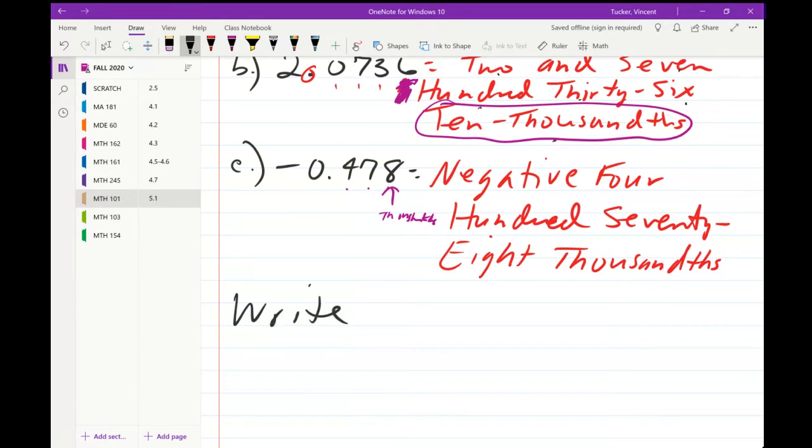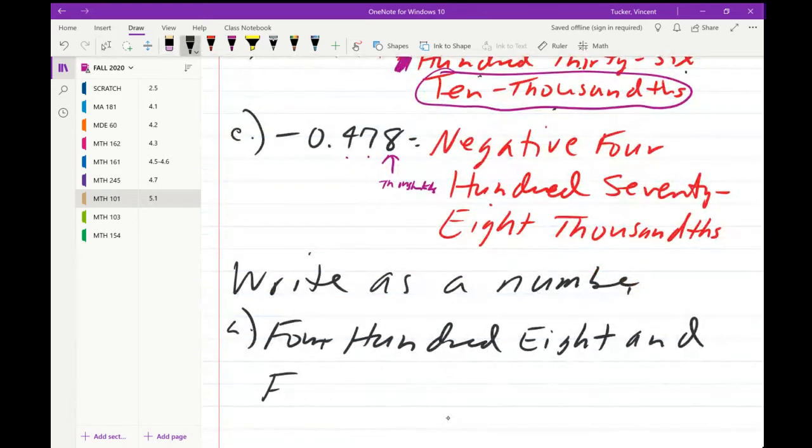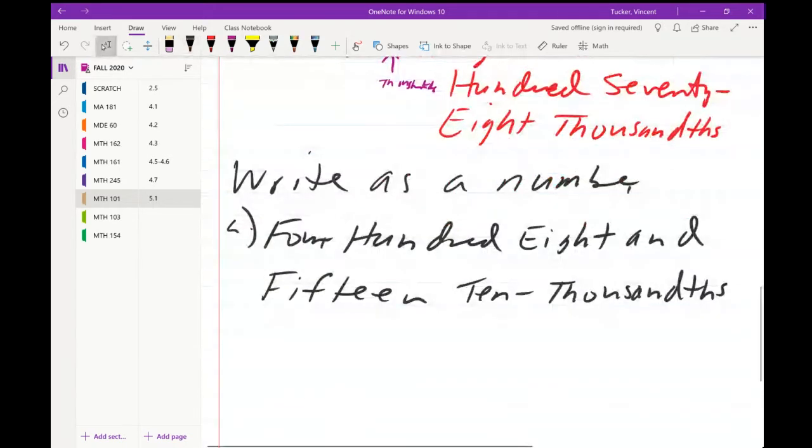So we're going to take the words and then write as a number, so we're going in the opposite direction of that. All right, so we're going to write this as a number.